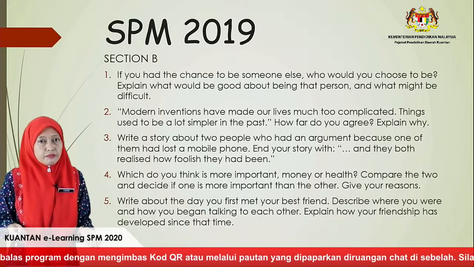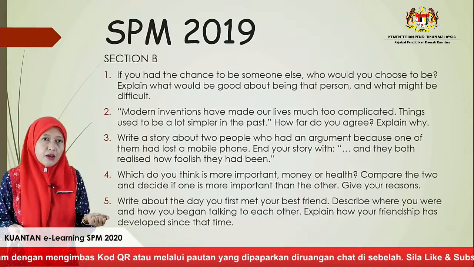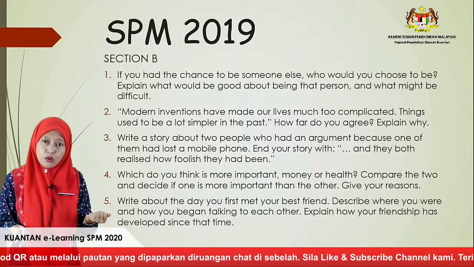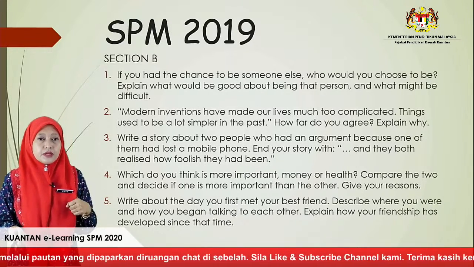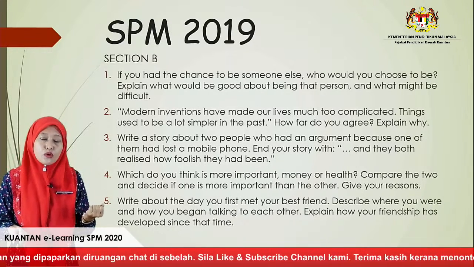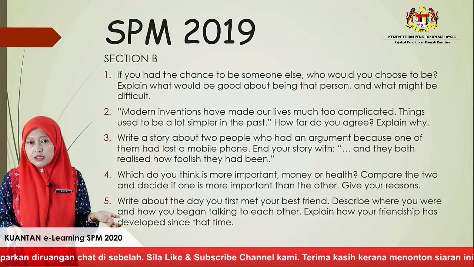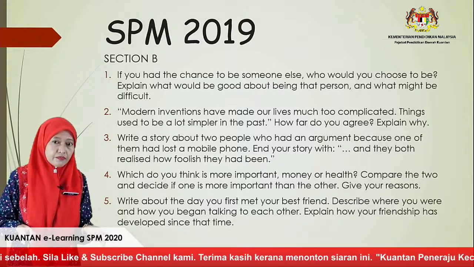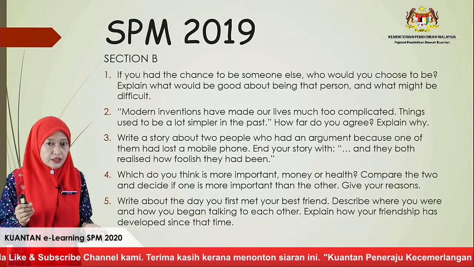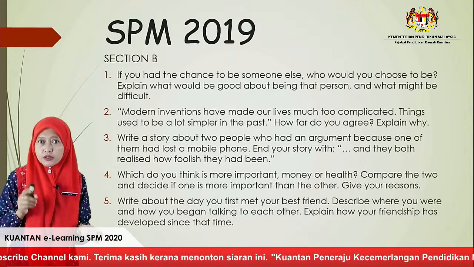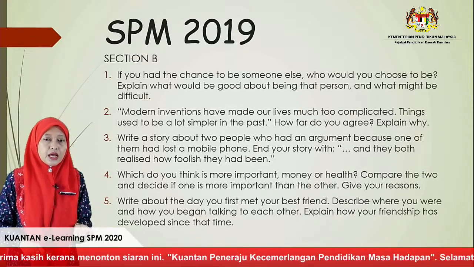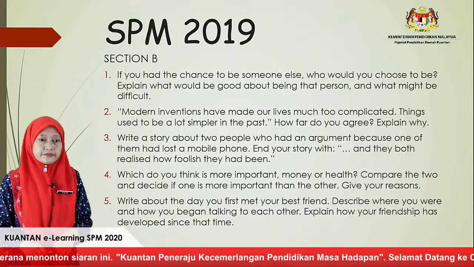Think of one, maybe your smartphone, maybe your tablet, whatever you have at home. Because in the past, those did not yet exist, so it is simpler. And do you agree? Can you not agree to this? Of course you can, but remember to explain why.